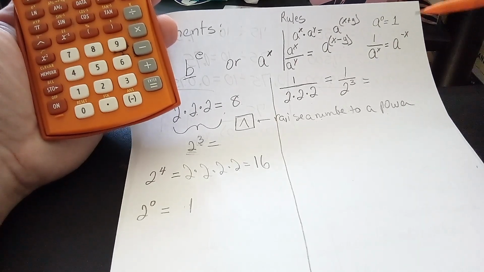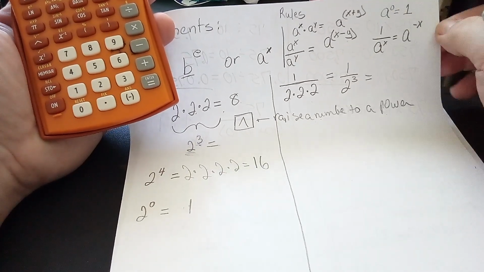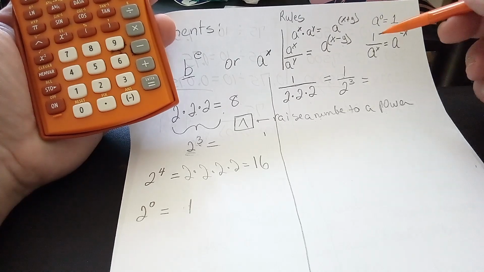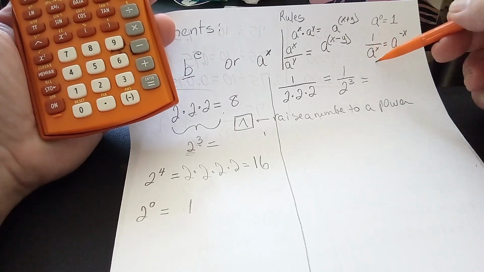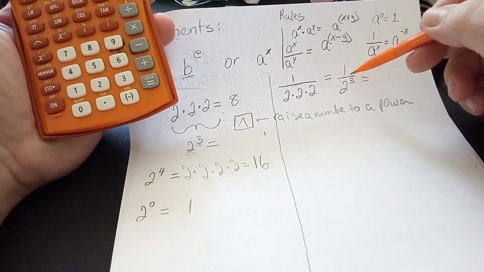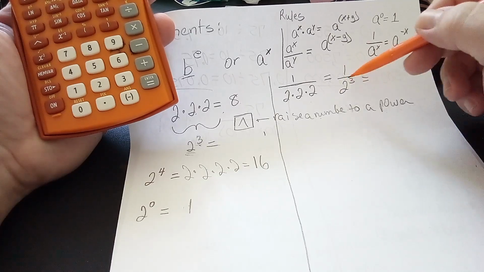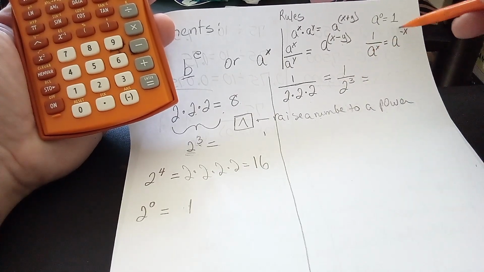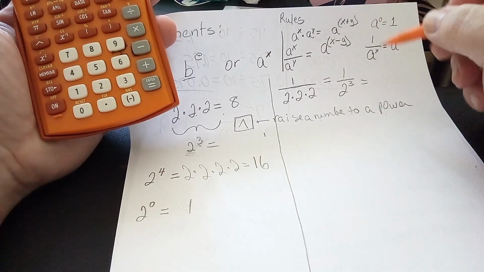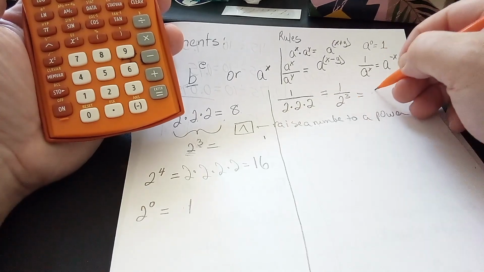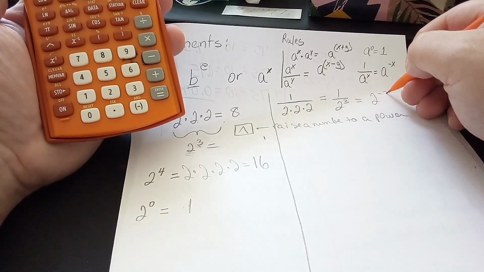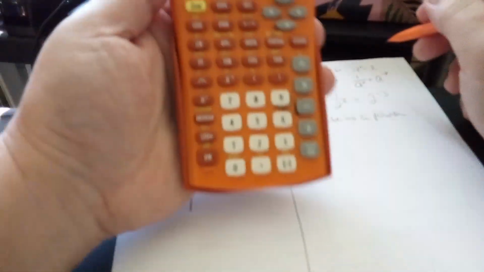Just believe me, it works all the time. You don't need to overanalyze it. Just believe that you can rewrite a number with the exponent in the denominator as a negative exponent. So you can rewrite this as 2 to the negative 3 power.